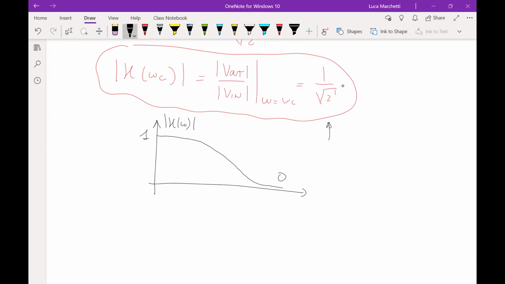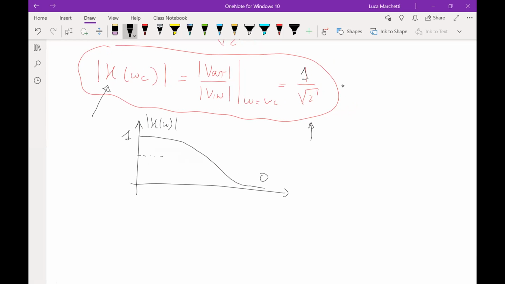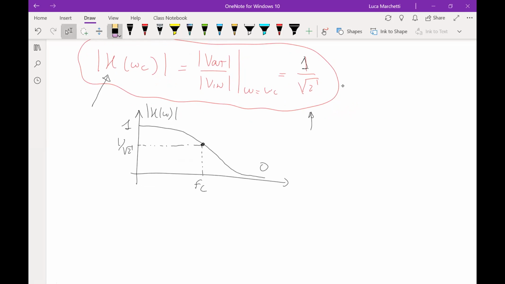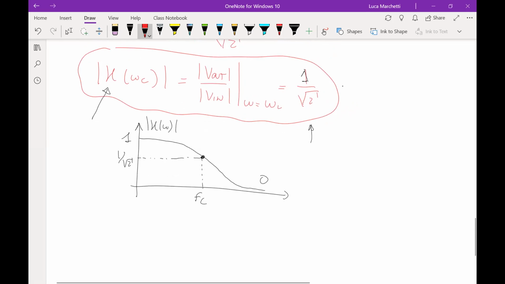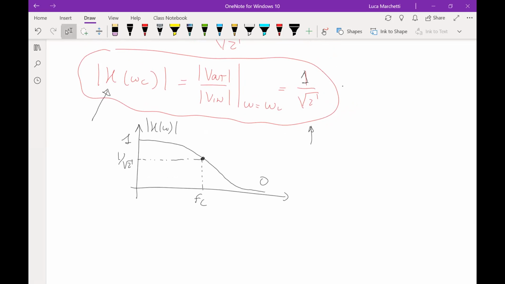It means that the frequency response at omega c will be equal to 1 divided by square root of 2, which means I have to check where the value 1 divided by square root of 2 is, and then the frequency of this point will be the cutoff frequency. Okay, this is how the cutoff frequency is defined. I don't know if anyone derived it for you, but this is how it is. Don't take the definition of cutoff frequency as it is. You always need to know where it comes from.